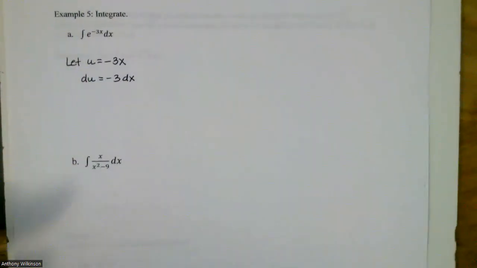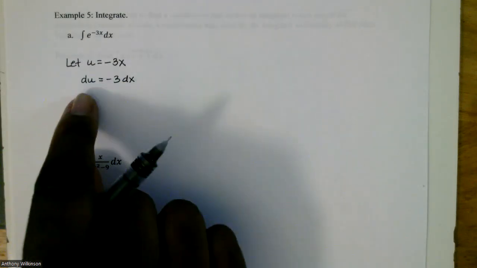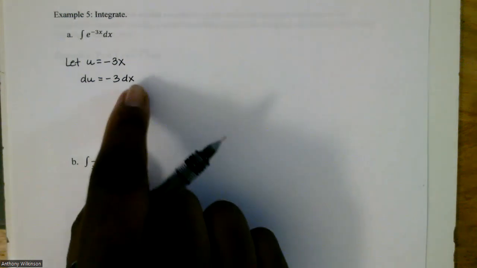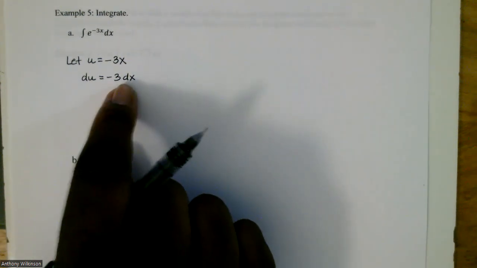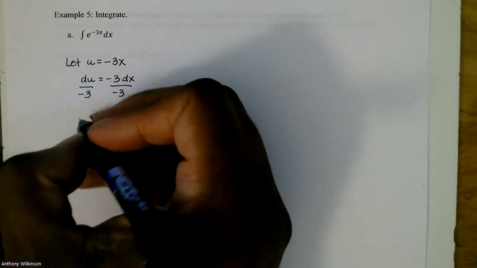Then I'm going to include the dx. Well, here's the problem. I do have a dx, but I don't have a negative 3 in front of that. So I'm going to modify du equaling -3 dx by getting dx by itself. Since it's being multiplied by -3, I'll divide both sides by -3.